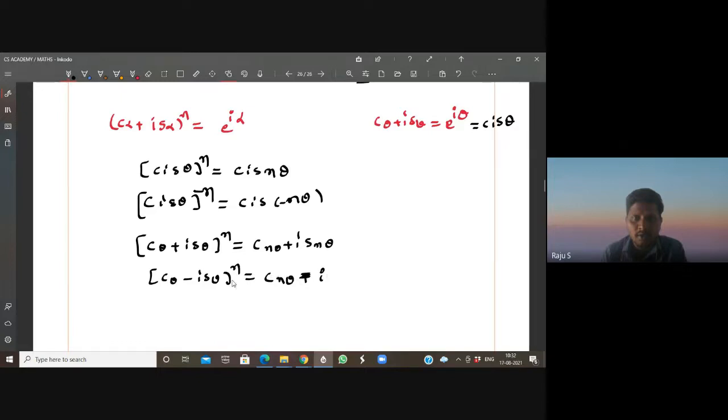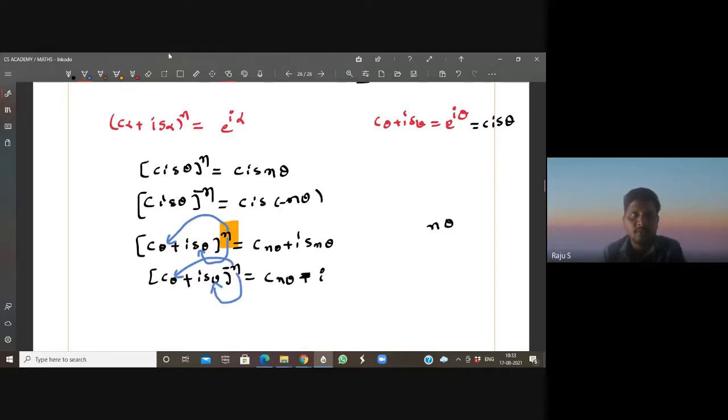Generally, here plus only you can take, but here I am taking minus n. When I replace theta with minus n into theta, we can just multiply whatever the power is there, this power you can multiply to theta. So this is n theta, this is n theta. Here minus n into theta, minus n into theta.